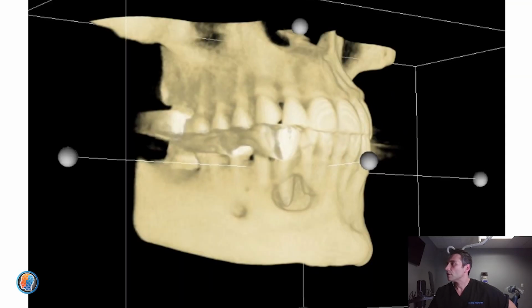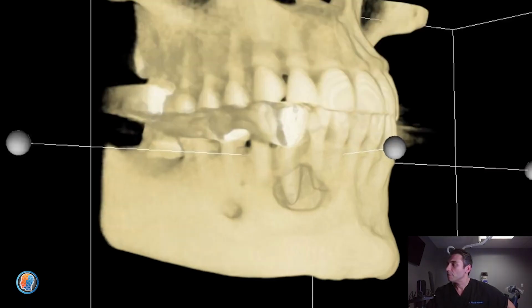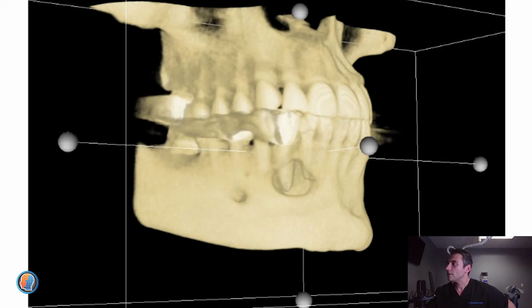And this is what the scan looks like. We have these scans in our office, and as you can see, there's something in this area that's eating away the bone, and it's expanding. I hope you guys can appreciate the hole inside the bone, and you can see the root of the tooth right there. All right, so what are we looking at here?